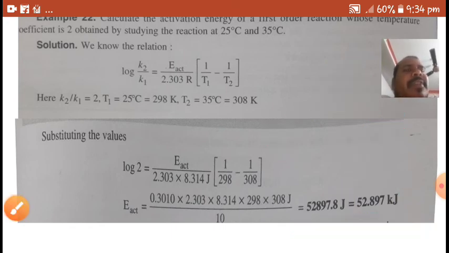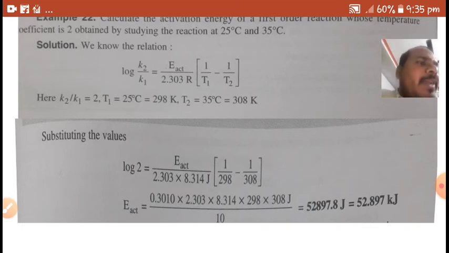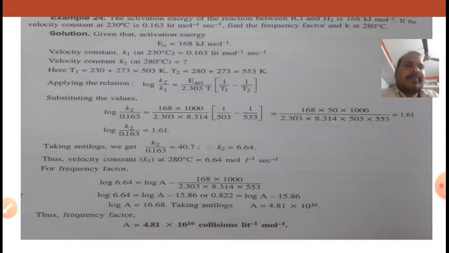So in this way we can calculate the activation energy of a reaction by knowing rate constants at two different temperatures with the help of the Arrhenius equation.